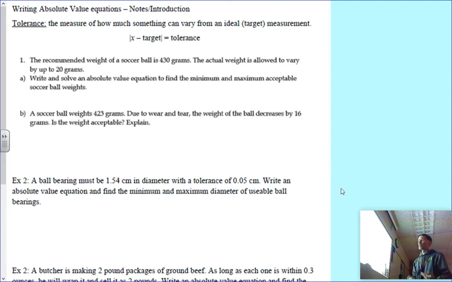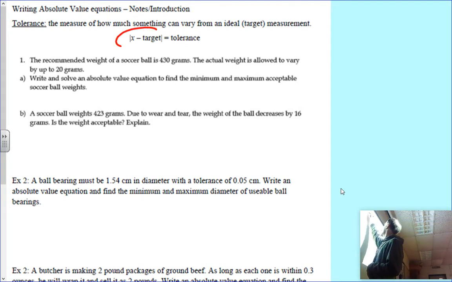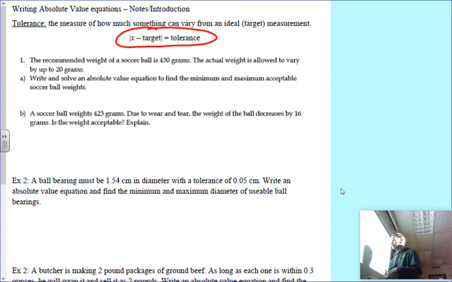So all of these problems are going to be the exact same way. You're going to be reading the problem and looking for what size we want this thing to be, and how much can it vary by. The equation is always going to be set up like this: the absolute value of x minus what you want, what I call a target, set equal to the tolerance, how much it can vary by.